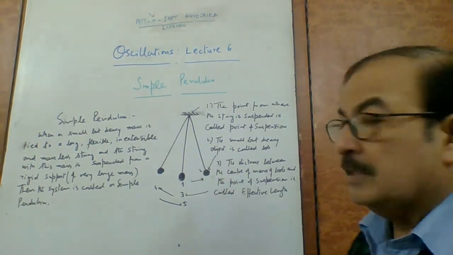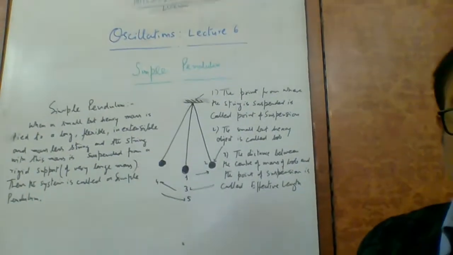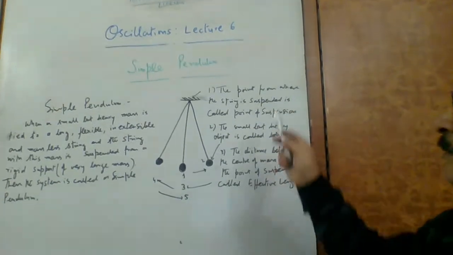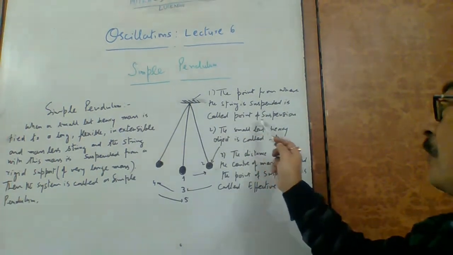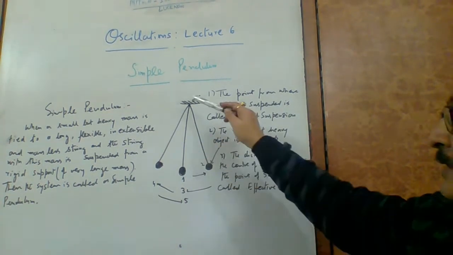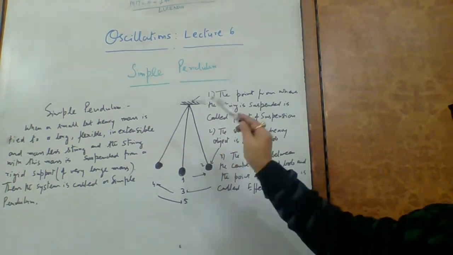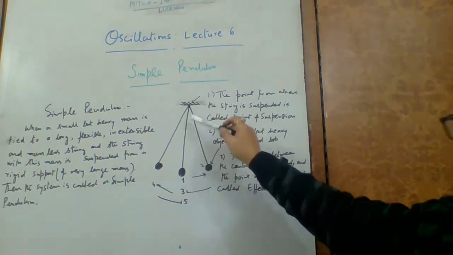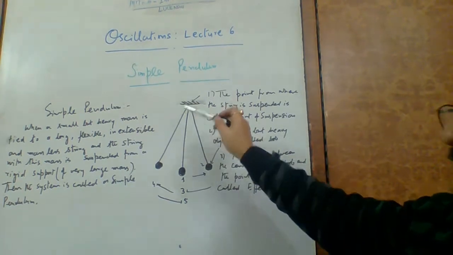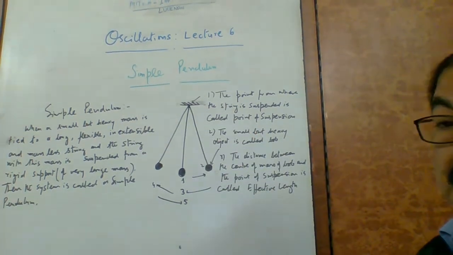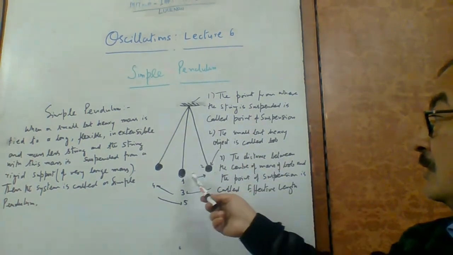Now you can see that these are some points regarding this simple pendulum. I am just recalling the points. Point number one, the point from where the string is suspended is called the point of suspension. Here, if you see, this is the string, a long, straight, inextensible, massless, and flexible string. When it is suspended from a rigid point like this, the point is called your point of suspension. Second, the small but heavy object is called the bob.